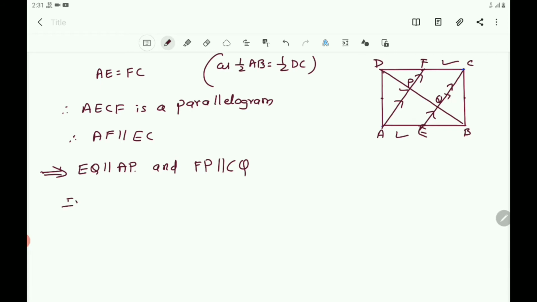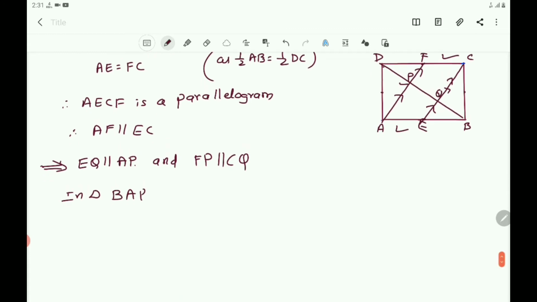So, in triangle BAP, E is the midpoint of AB, and EQ parallel to AP.